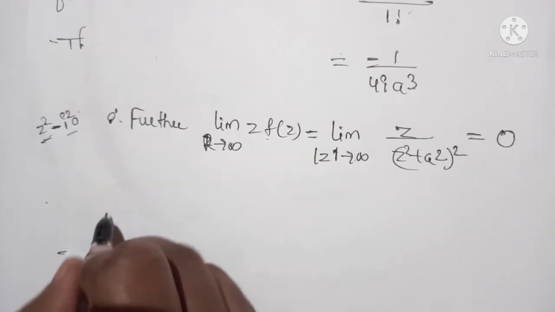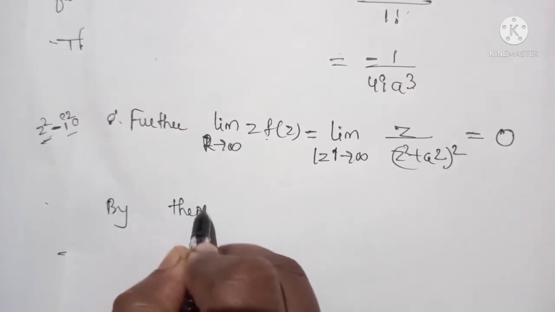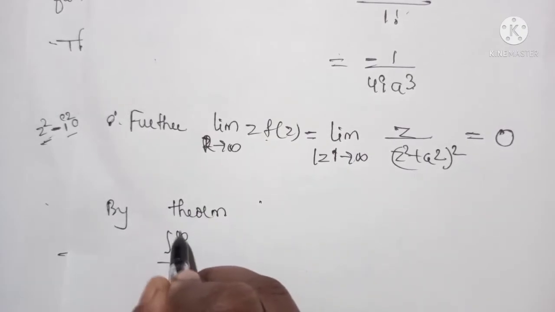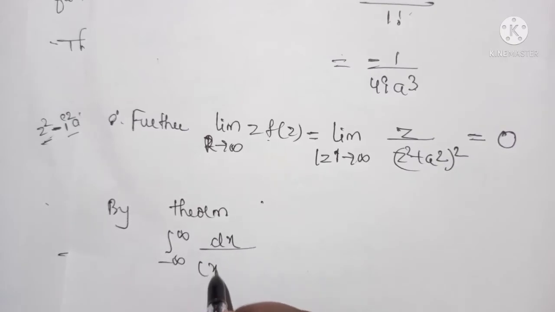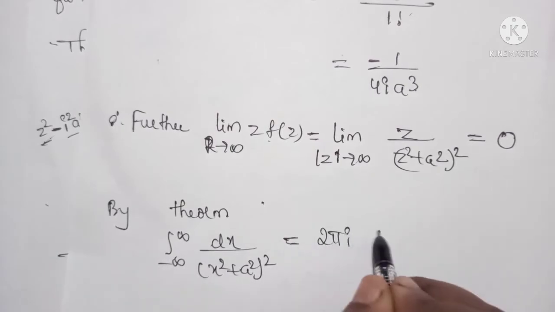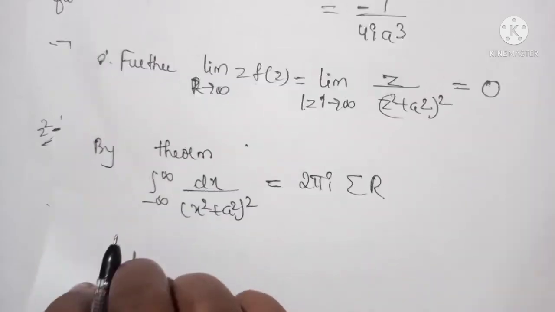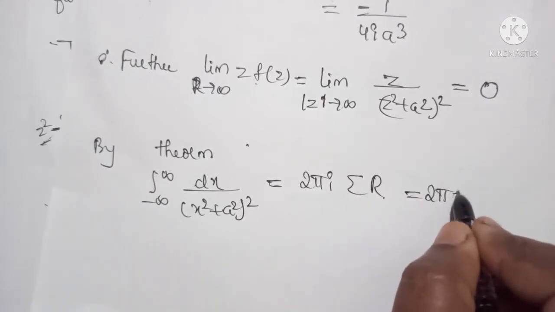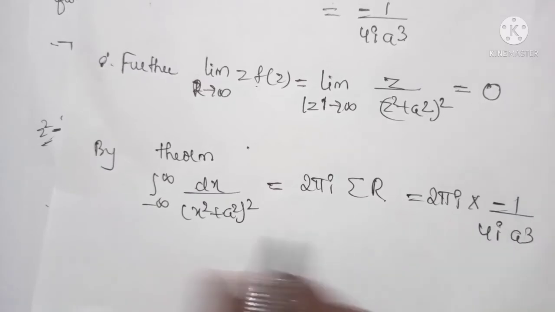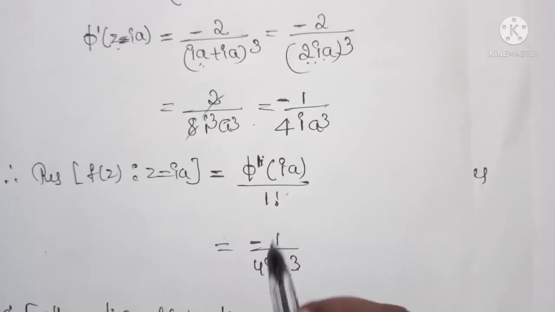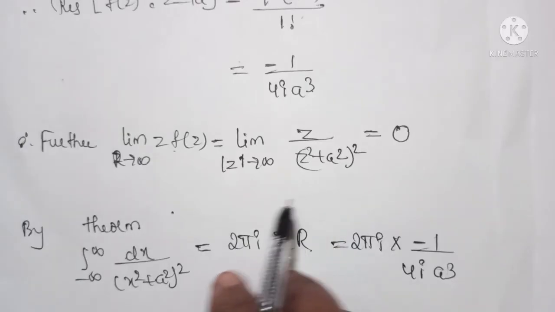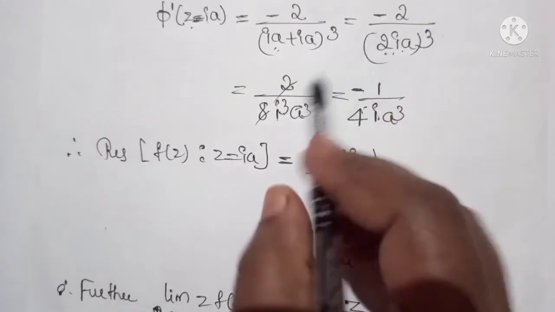So by the above theorem, the integral from minus infinity to infinity of dx divided by (x square plus a square) whole square is equal to 2 pi i times the sum of the residues, which is 2 pi i times minus 1 by 4 i a cube.